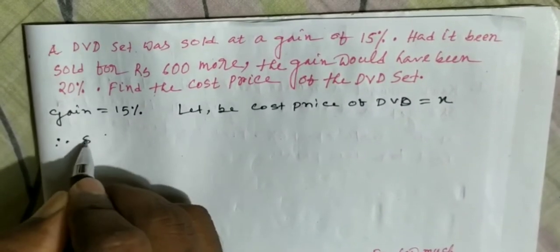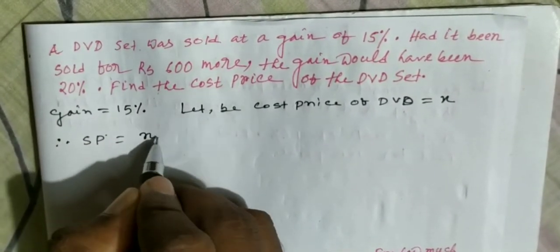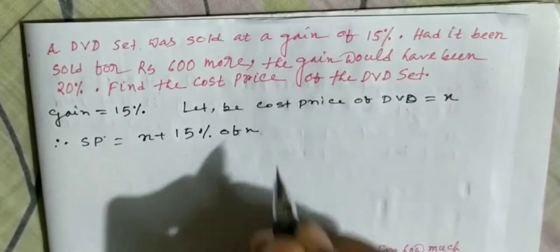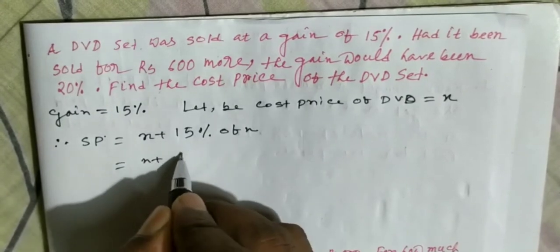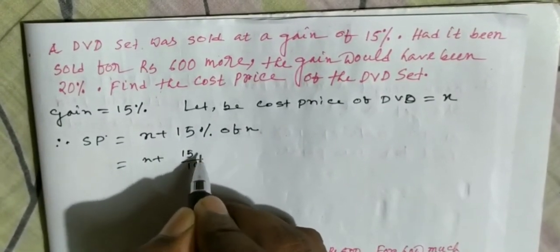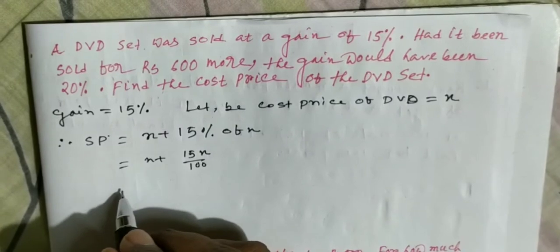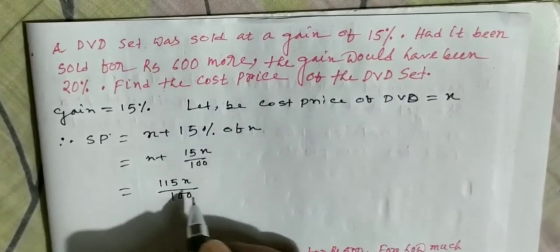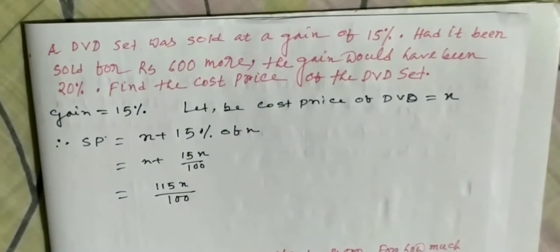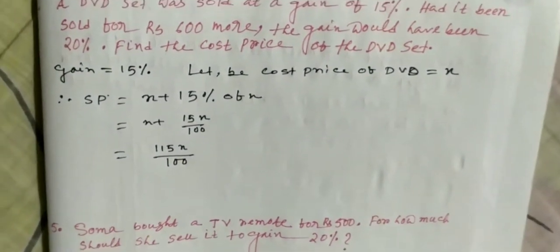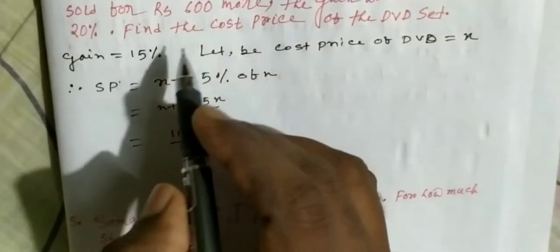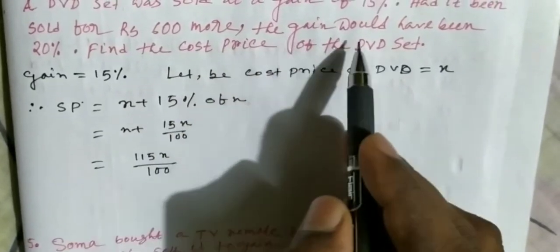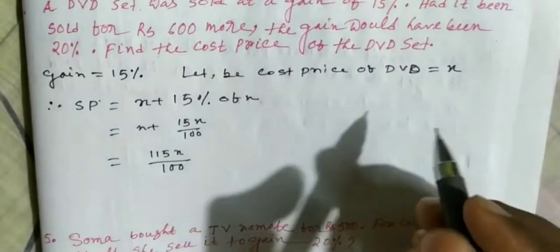Therefore, SP is equal to X plus 15% of X, that is 115X by 100. And had it been sold for rupees 600 more, the gain would have been 20%.